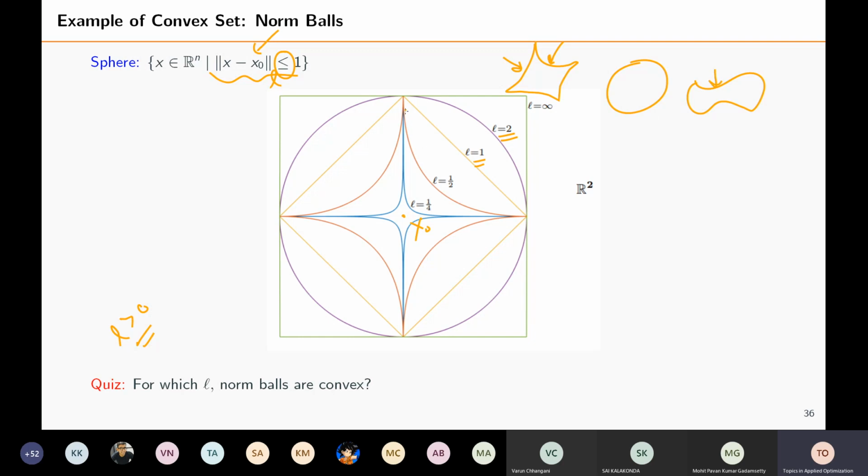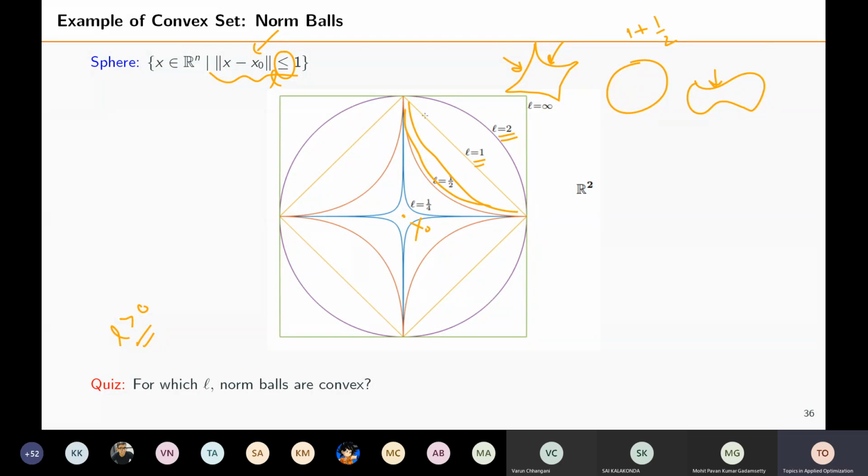So these, for L equals half, let us say, start bending, right? And similarly, for L equal to, let us say, 1 plus 1 by 2, it's just above this.